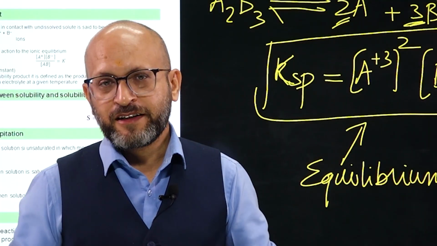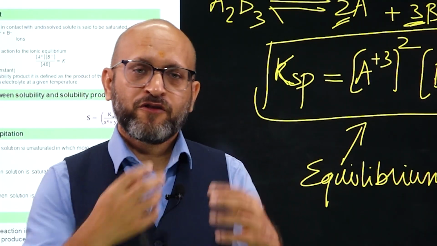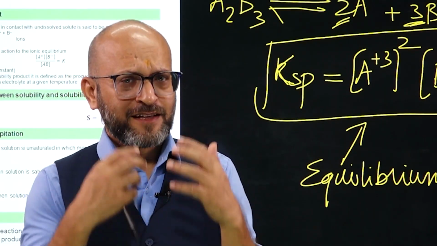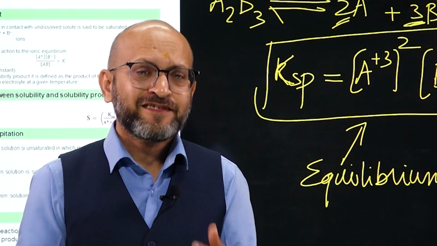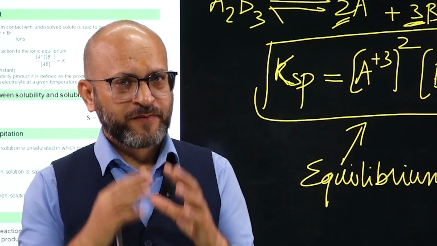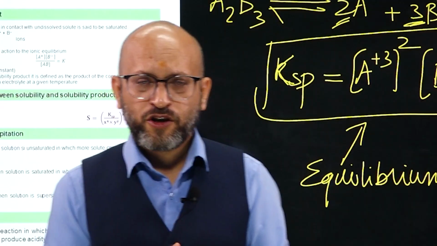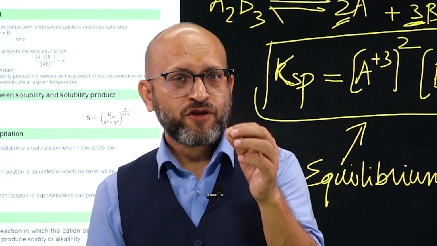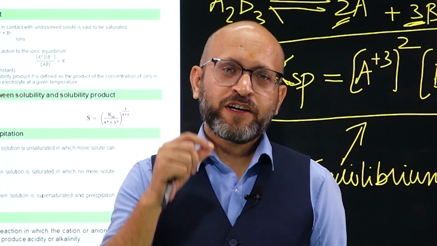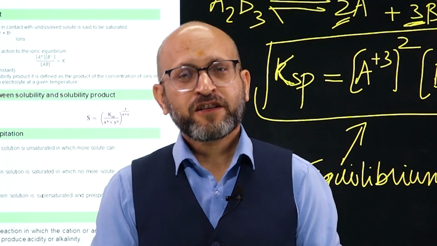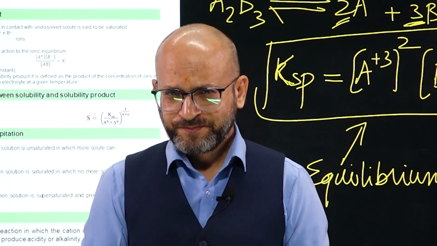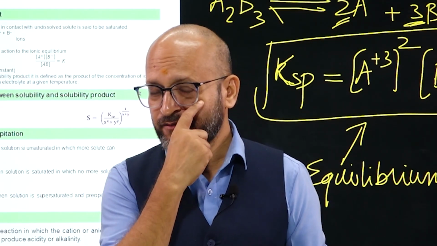The more the solubility, the more will be the amount of dissolved state of that electrolyte. Some salts are more soluble, some salts are less soluble. We have different categories of salts: salt of a strong acid and strong base, salt of a strong acid and weak base, salt of a weak acid and strong base, or salt of a weak acid and weak base. So how do we dissolve salts?